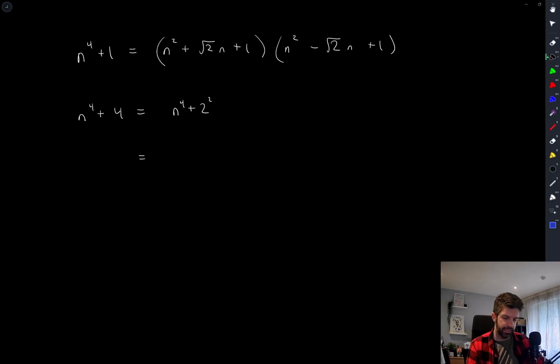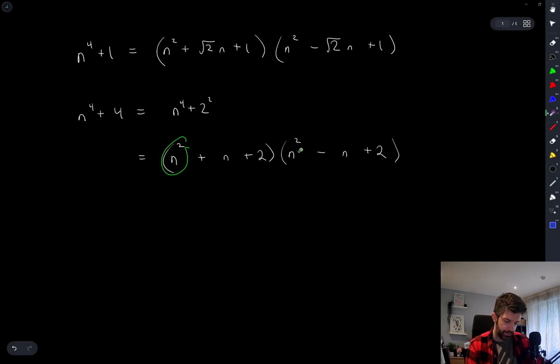It's funny they give us the decomposition of n to the 4 plus 1, but they ask about n to the 4 plus 4. So n squared plus something plus 2 times n squared minus something plus 2. And I guess there will certainly be an n here and an n here.